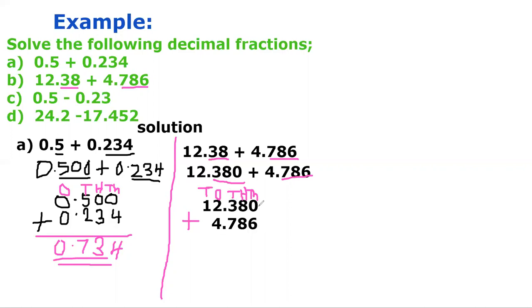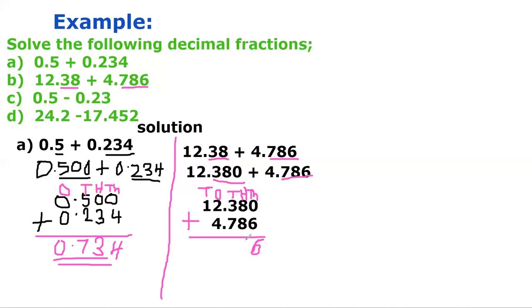So you add the thousands of the decimal before hundreds of the decimal and the tens of the decimal. The remainder will be carried on to the next immediate number. So let me add. 0 plus 6, you get 6. Then 8 plus 8 will give you 16.